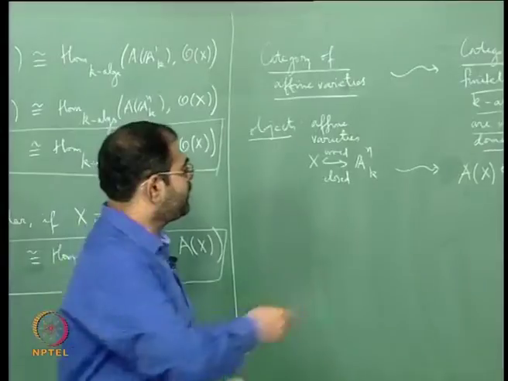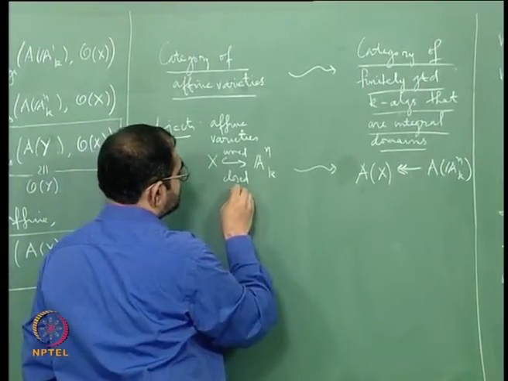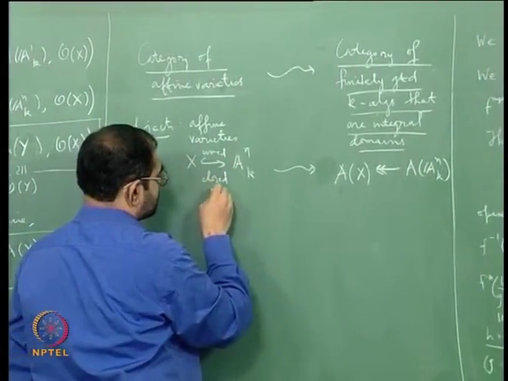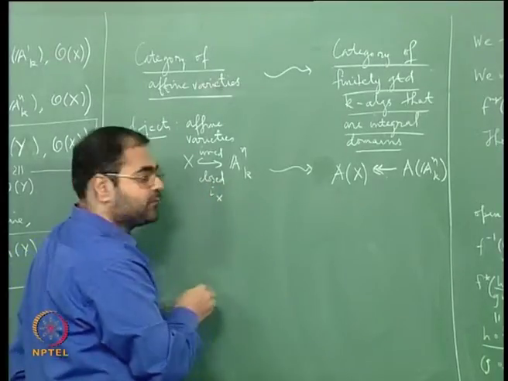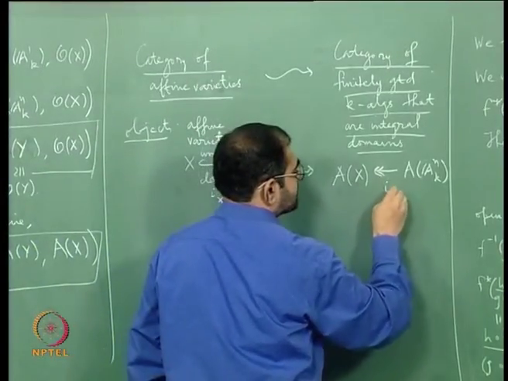And you know what that map is? If you call this closed inclusion i_X, you know what this map is? This is just i_X star.